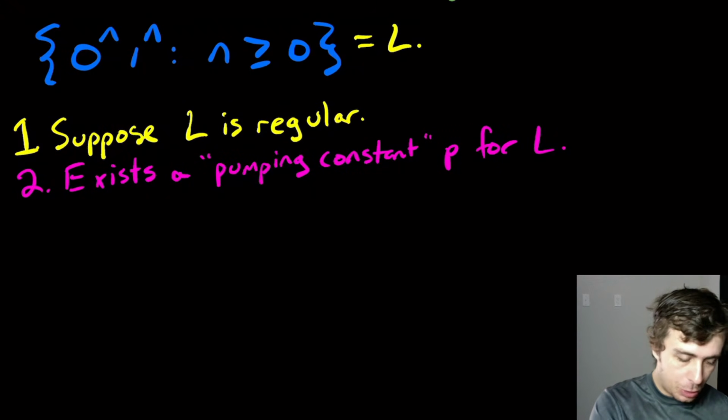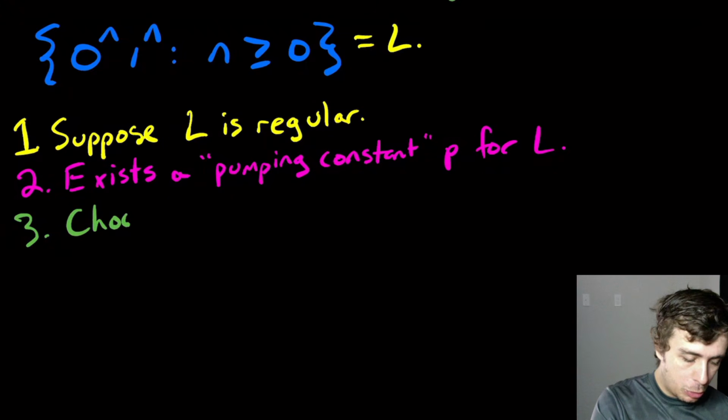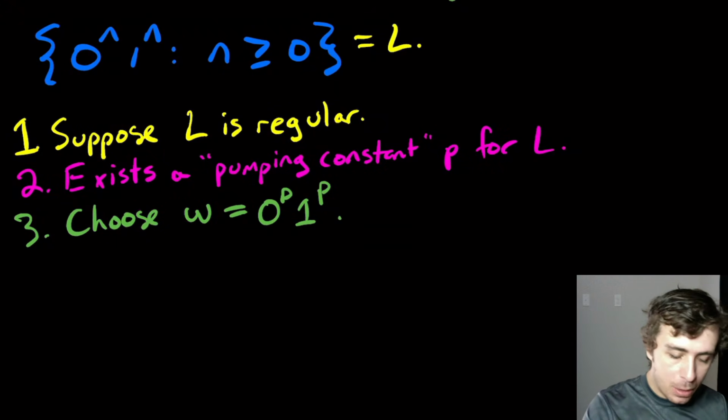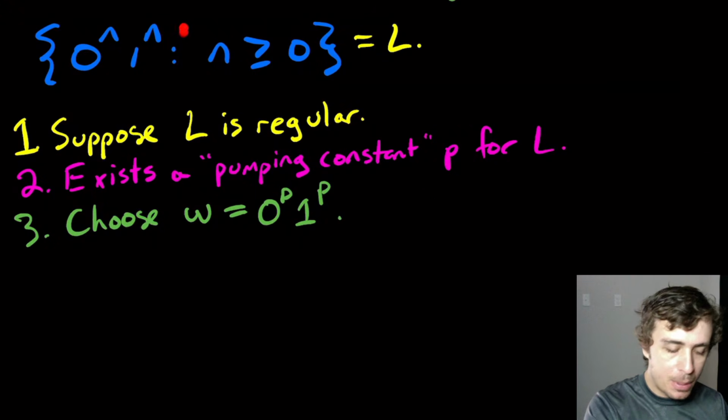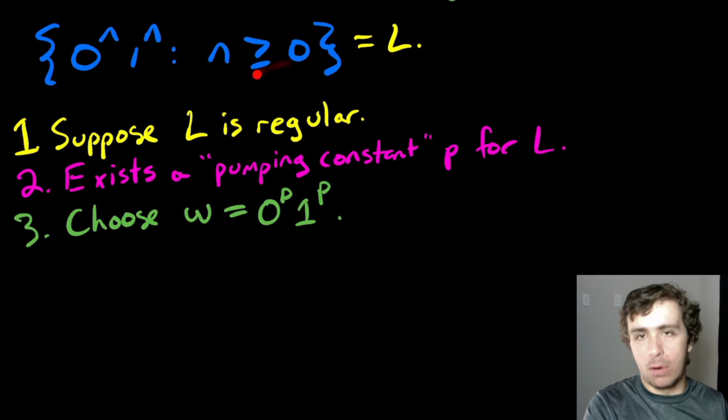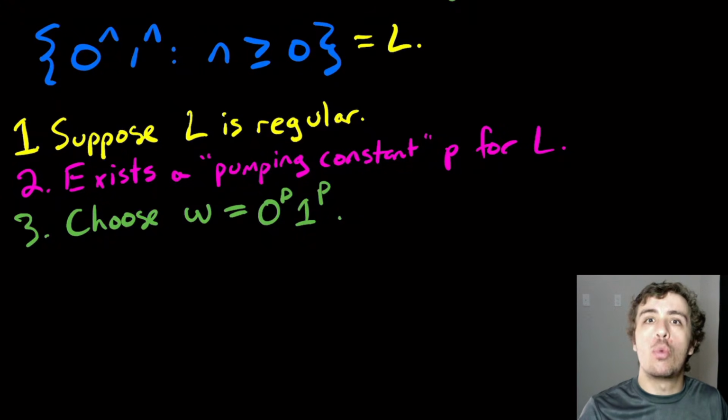So we're going to choose a string w to be 0 to the P, 1 to the P. I'm purely just substituting this P number in for the n. Remember that n is a variable because n ranges over all integers at least 0. P is just some number, we do not know what it actually is.